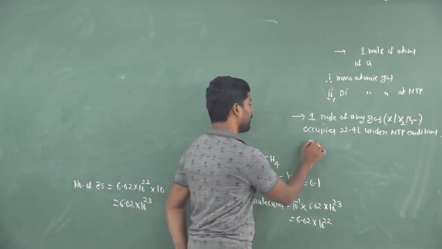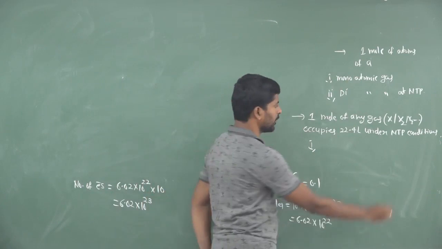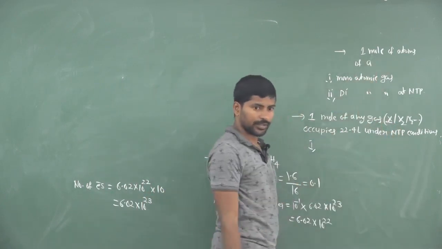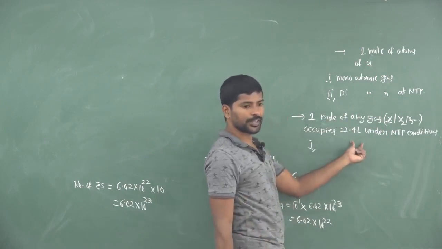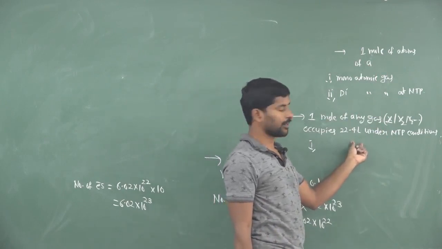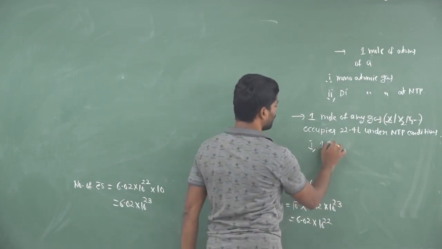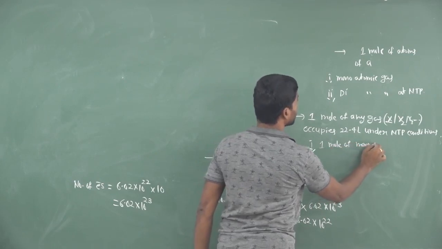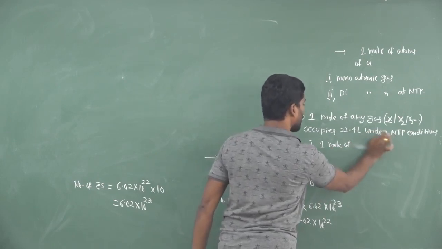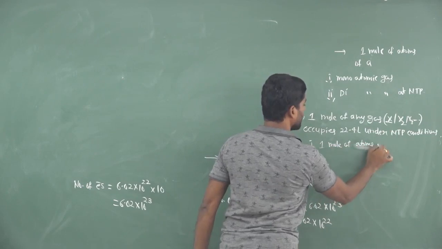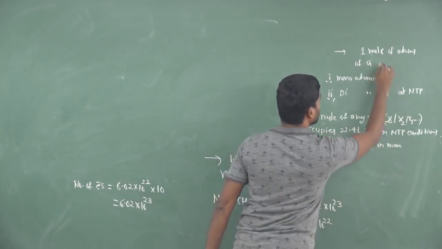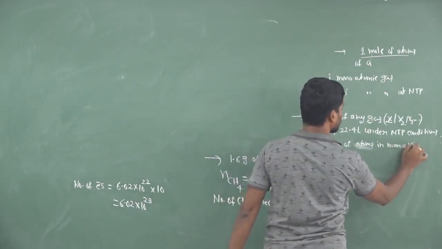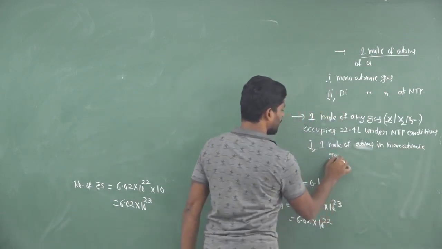And now, monoatomic gas is given. Monoatomic gas means X. 1 mole of X atoms occupies how much volume under NTP conditions? 22.4 liters only, right? So what is the question: 1 mole of atoms in monoatomic gas occupies how much volume?